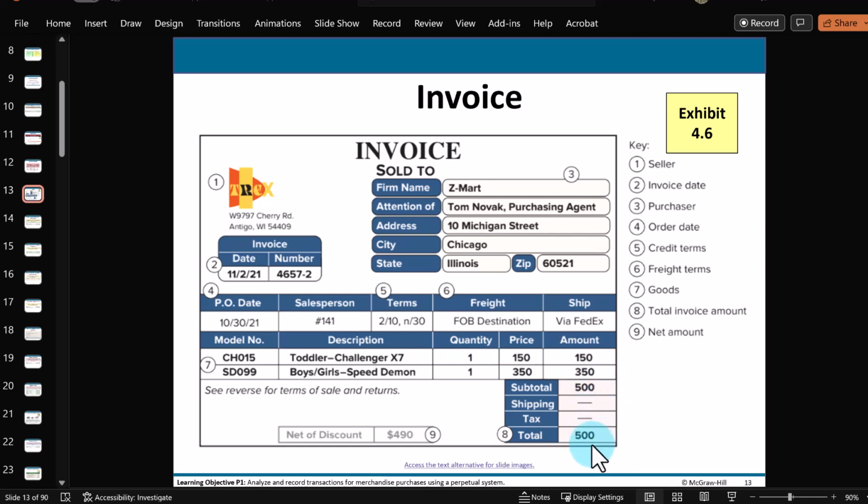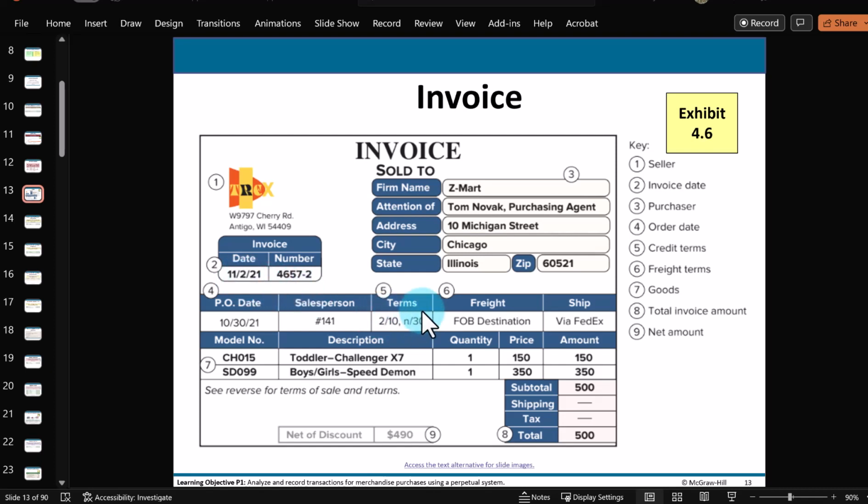If Zmart were paying the shipping, we would see shipping costs here arranged by the seller. Also it looks like there are no sales taxes here. So we're going to pay $500, and the terms say we can wait 30 days. In other words, we bought it on November 2nd, and we can pay off our bill of $500 by December 2nd.